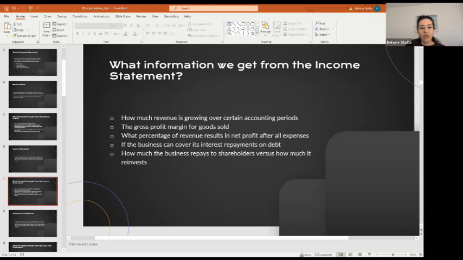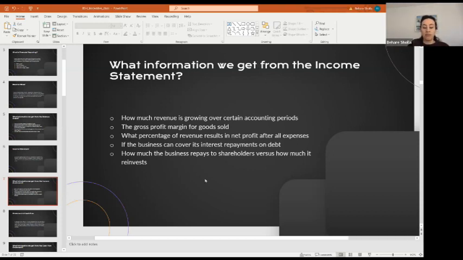Another piece of information is whether the business can cover its interest repayments on debt. Some companies use EBITDA. I don't know whether you've heard of it. It's earnings before interest, taxes, depreciation, and amortization.